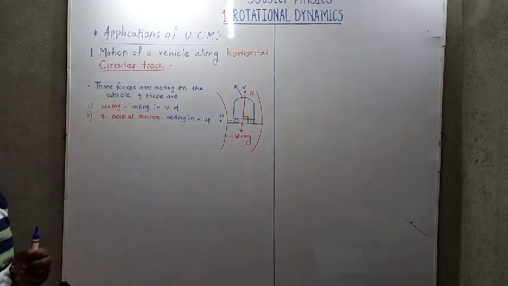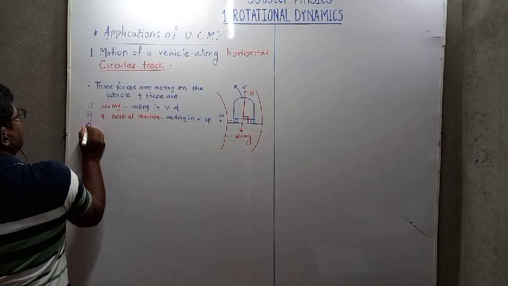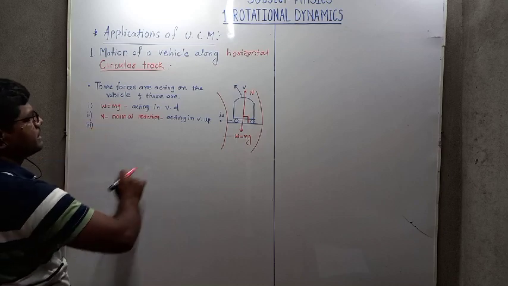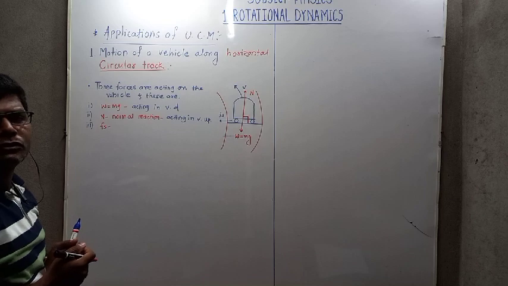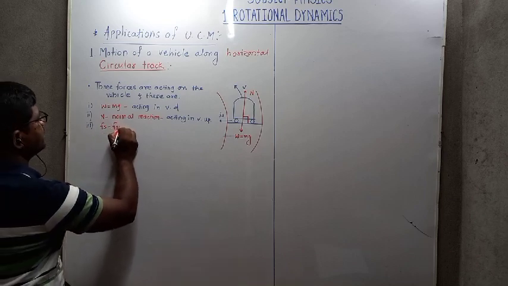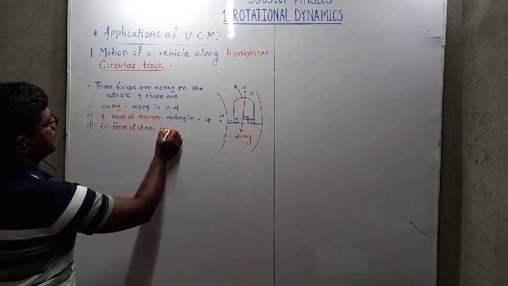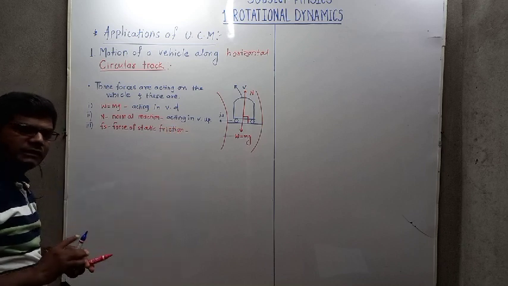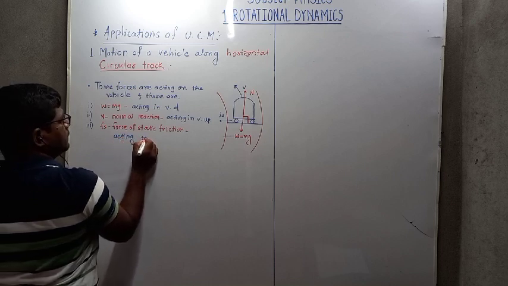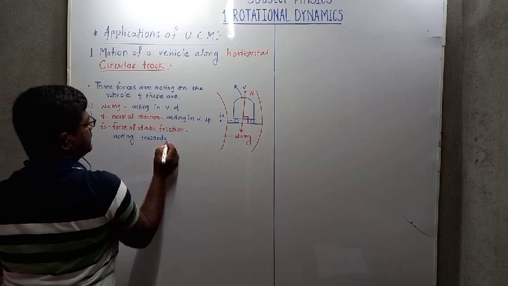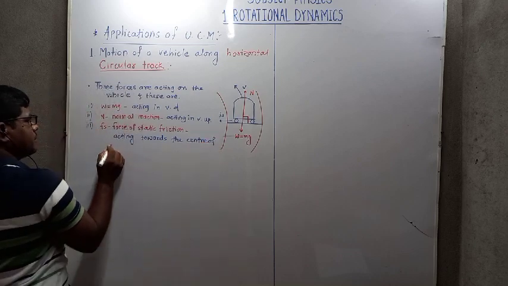Now the third force acting on the vehicle is Fs, the force of static friction, and its direction is towards the center of the circular track.